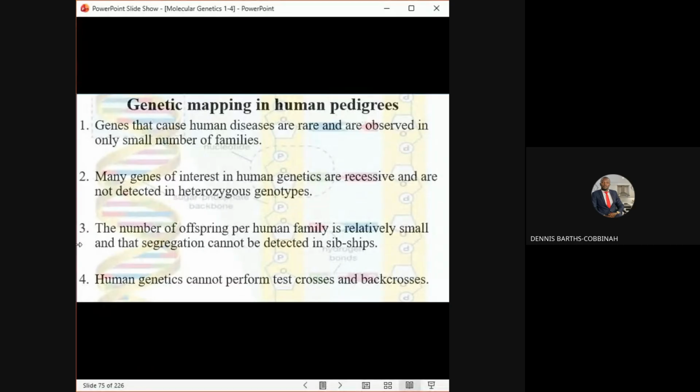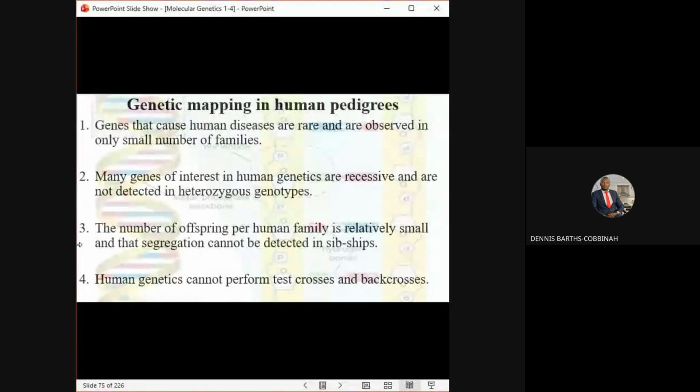And the dominant will always mask the expression of the recessive allele. So even though the individual has inherited the defective allele, the individual is just going to be a carrier and not going to express that defective character.